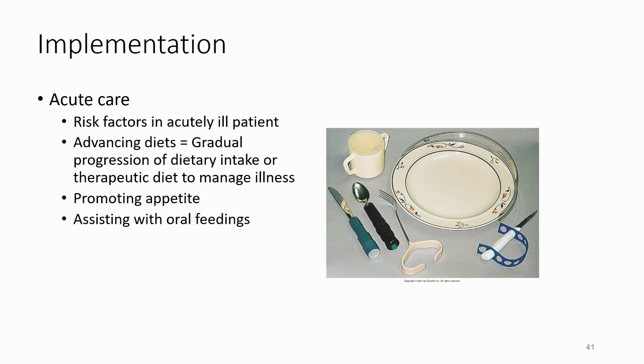Sometimes we have to help feed, or assist with the oral feedings, patients using special devices and tools. Say they have had a stroke and maybe they need an adaptive device, as you see here in this picture, to help them be able to feed themselves.